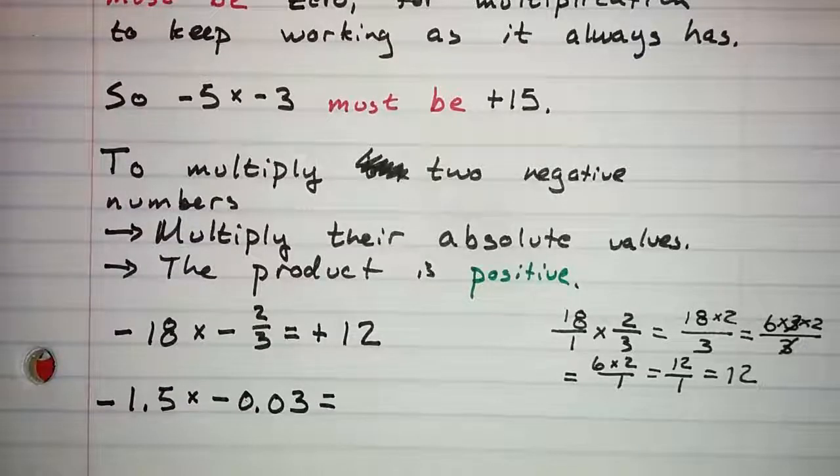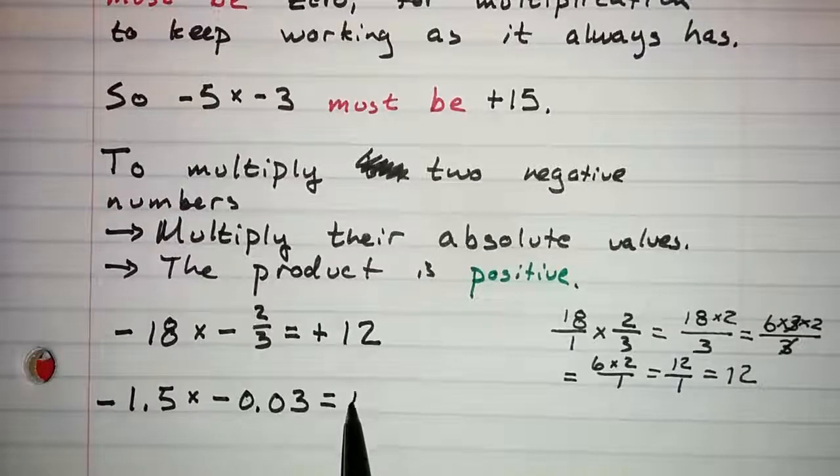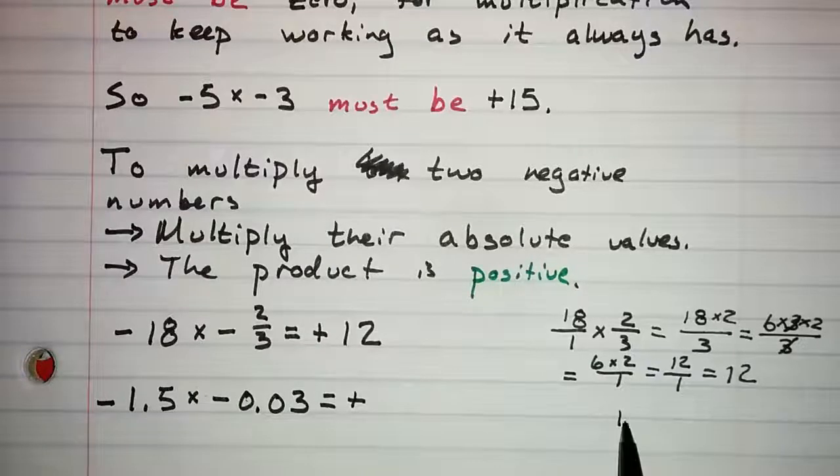Let me give you one of these to try. Multiply negative 1.5 times negative 0.03. Pause the video and try this now. So we have a negative times a negative, which is positive. 1.5 times 0.03.